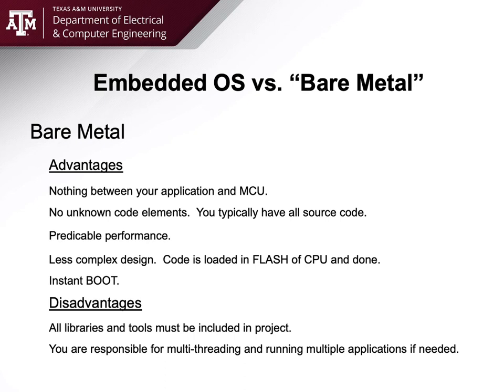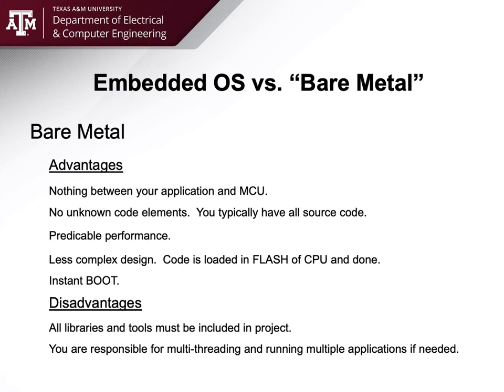So disadvantages: all libraries and tools must be included in the project. In other words, again, there's nothing between you and the application. You are the code. So you have to do that. If you're doing multi-threading or multiple applications, like core 1 is going to be processing sensors, core 2 is going to be processing communications and sharing memory, you can write two separate programs, aim one program for core 1, aim one program for core 2.